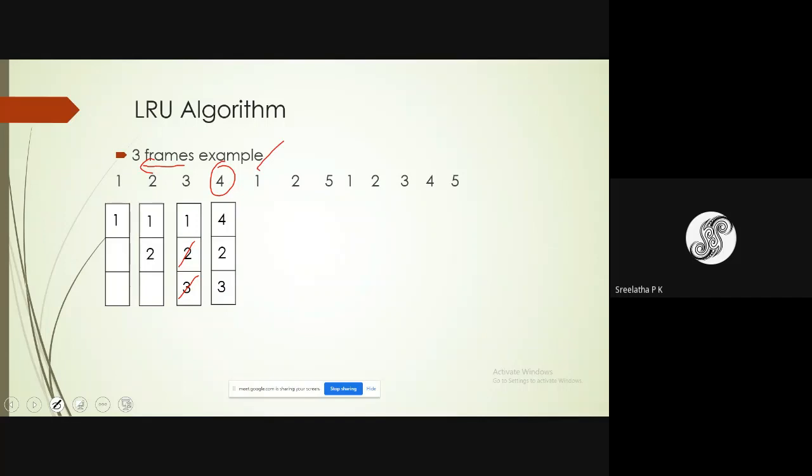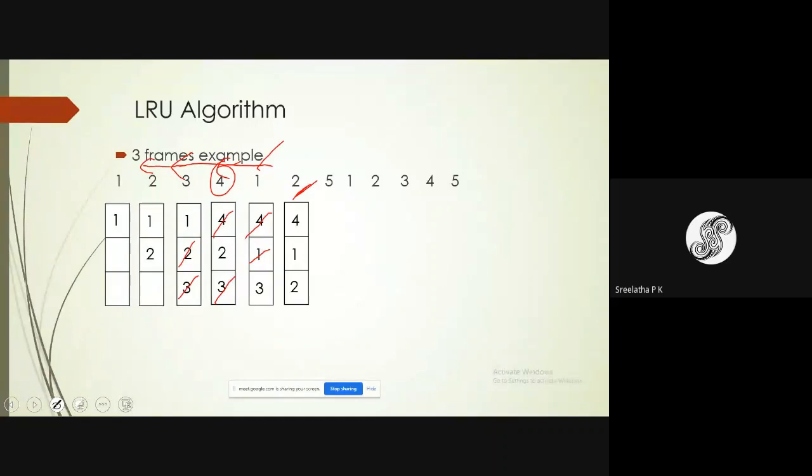Next, 1 is required. Recently used are 4 and 3, block it, and 2 is replaced by 1.